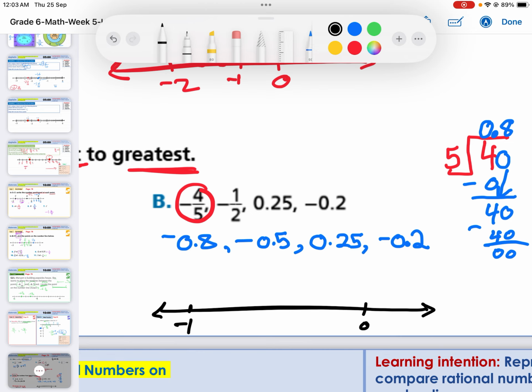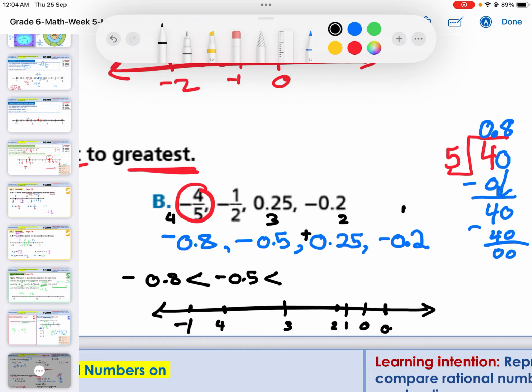Which one will be the least one? That will be negative 0.8, less than negative 0.5, less than... Oh, sorry guys, I made a mistake. Here the number is positive. It's going to be to the right of 0. It's going to be here, 0.25.